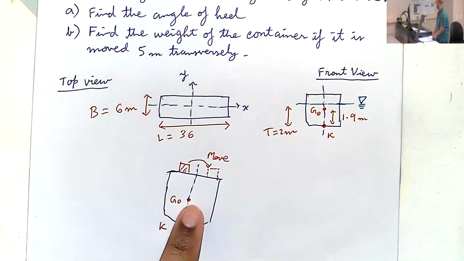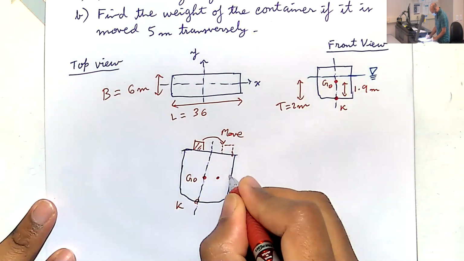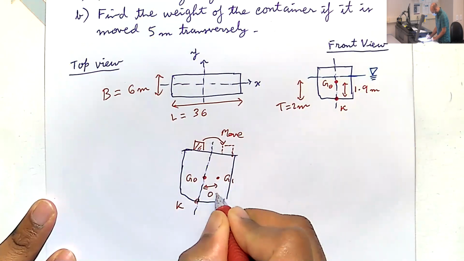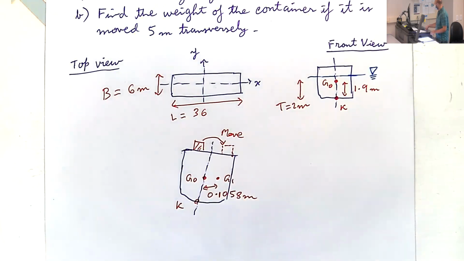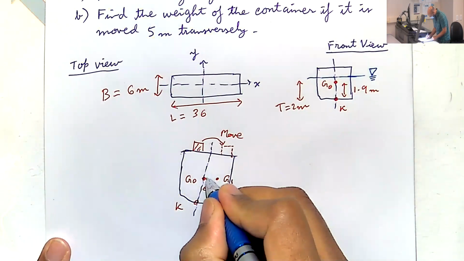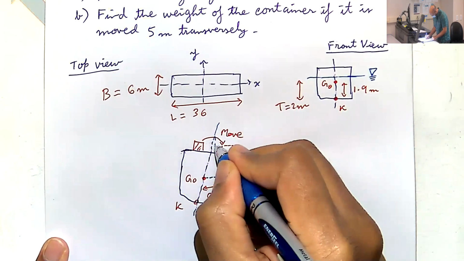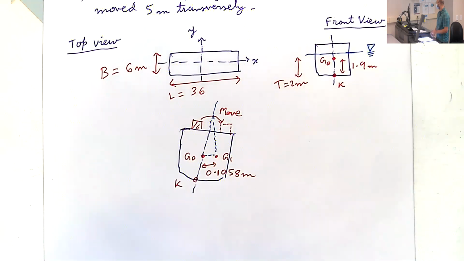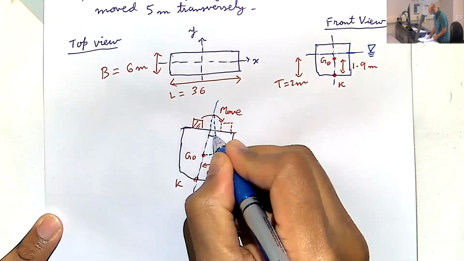Now we just moved it to the right, so this would be the G1 location, and we're told this is equal to 0.1058 meters. The thing we don't know is this heel angle phi.